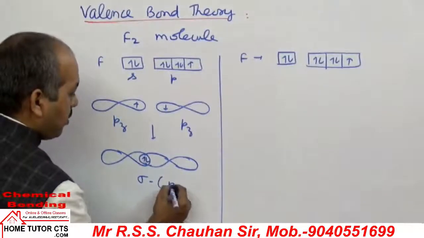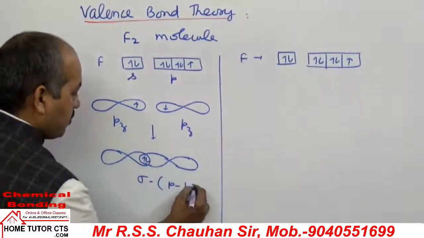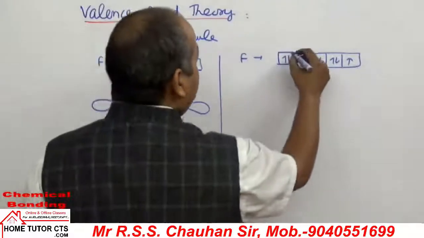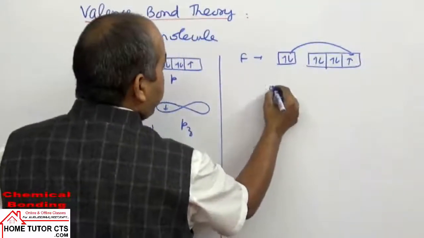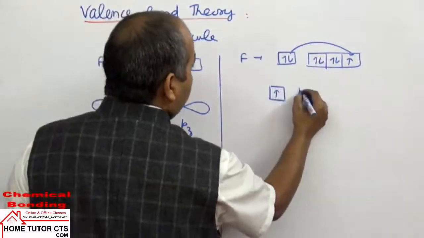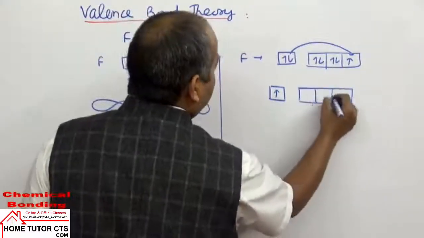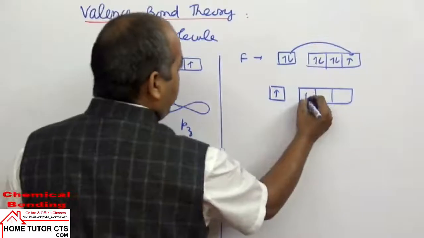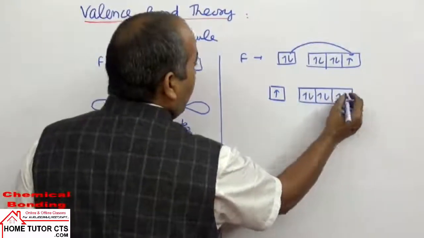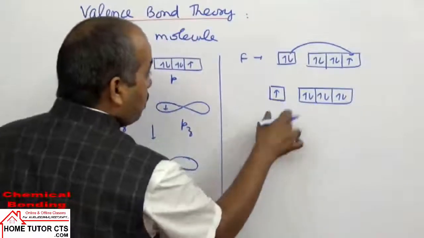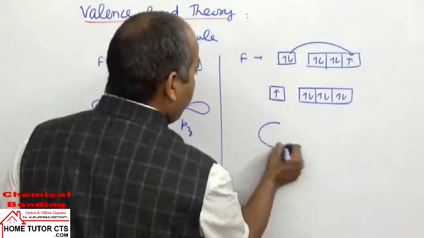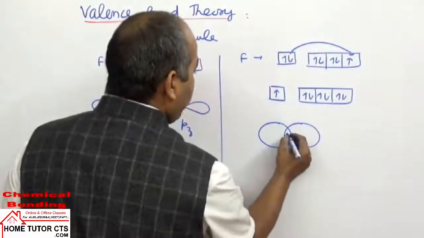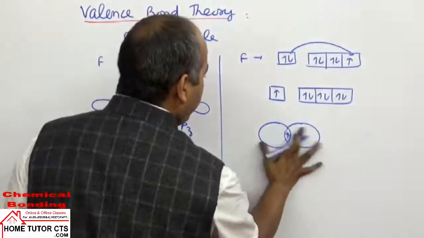It is a pp sigma bond. In the second case, suppose after excitation they make one electron available unpaired in the s orbital, while p has fully filled orbitals. This electron can overlap to form a sigma bond in the fluorine molecule. So this is the overlapping of s orbitals.